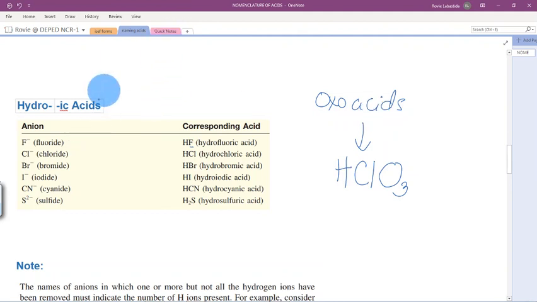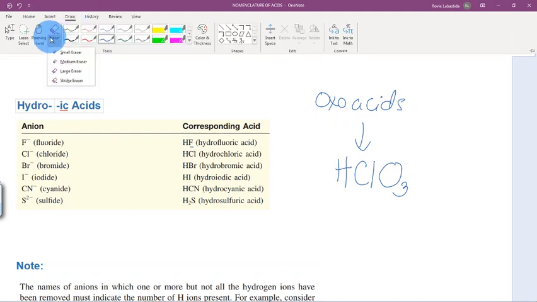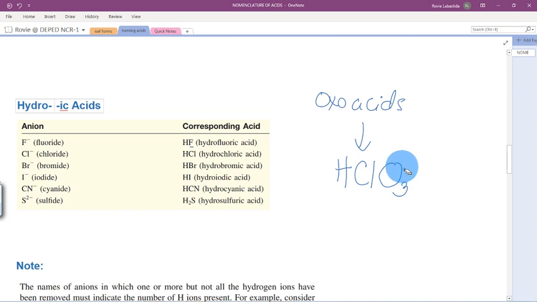Now let's proceed with the hydroic acid. If we remove the oxygen atoms from this formula, it will become a hydroic acid. I will just annotate again. So this is called chloric acid, right?